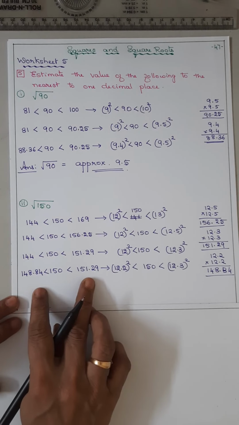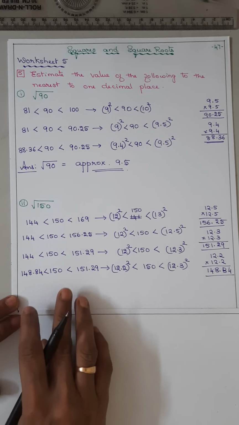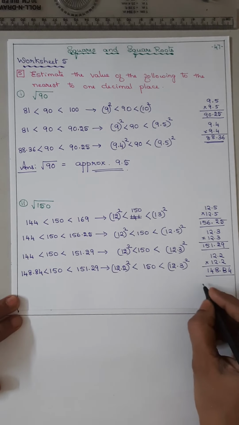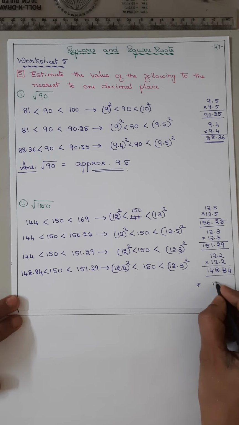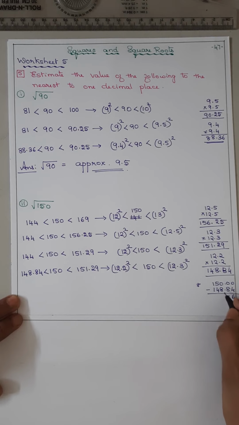अभी फाइंड आउट करो कौन सा नंबर नजदीक है. तो इसके लिए क्या करने का है? 150 minus 148.84. So this is 6, 1, 1, isn't it?